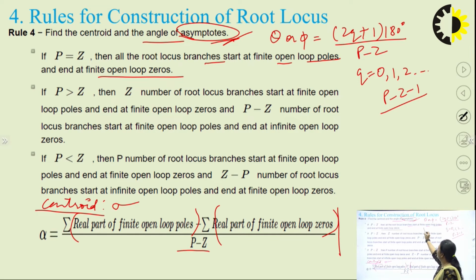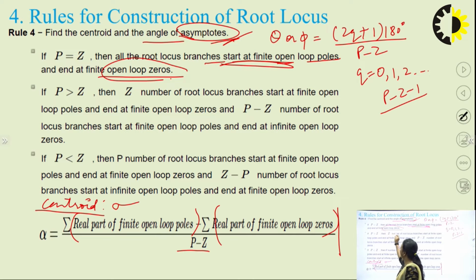All branches definitely originate from open loop poles, but if p is equal to z, all the branches terminate at open loop zeros. If p is greater than z, then p minus z branches will end at infinity, and z branches will end at zeros.